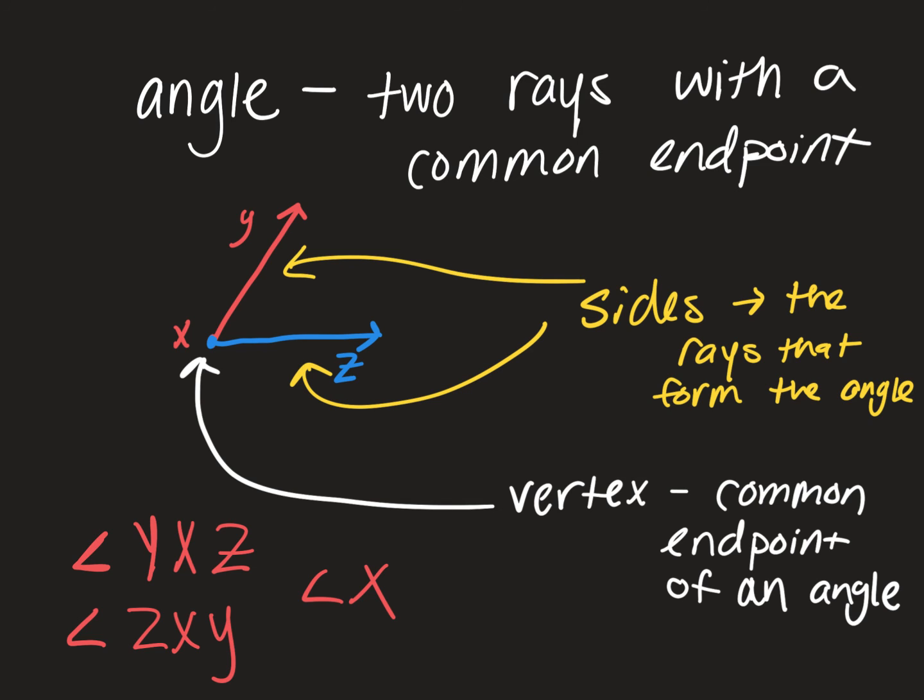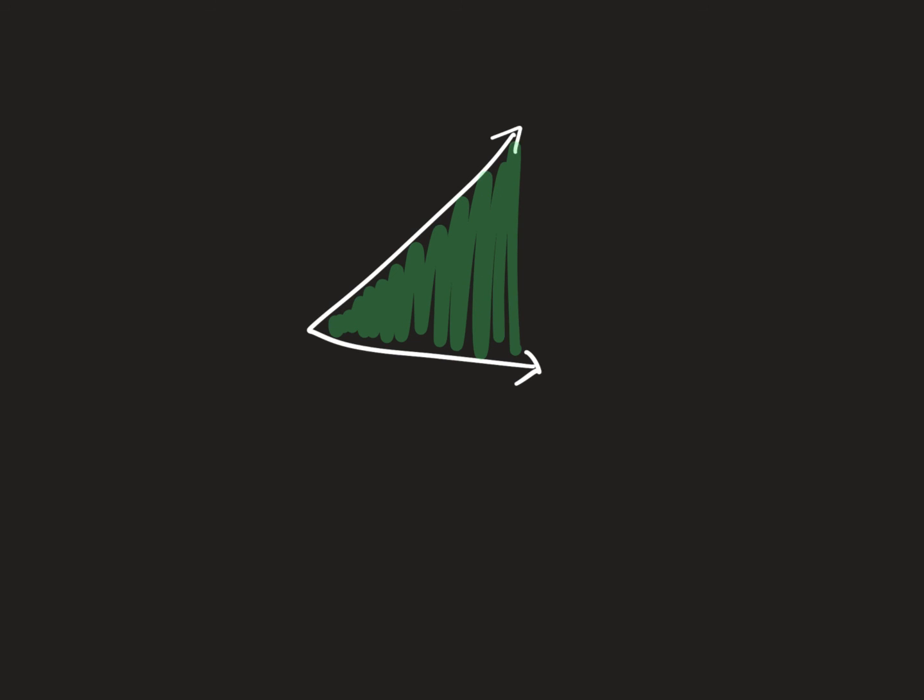Okay, then the last part about angles I think is fairly straightforward. We have the interior of an angle, which is just the space inside the angle. So this is the interior. Anybody have any guesses on what the exterior is? The outside. The outside, right?